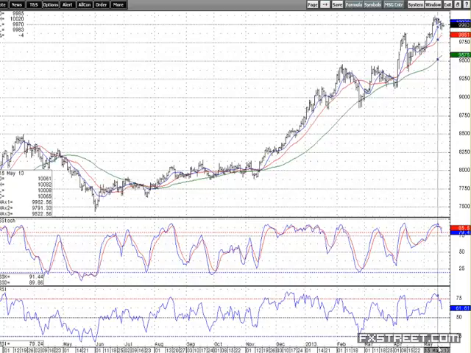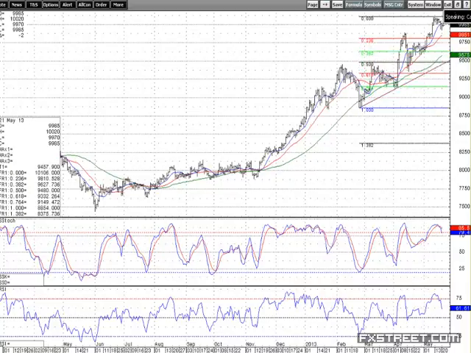You can see that, can't you? You see where it just went down, still in an uptrend. In fact, I'll put a little trend on there. We'll put on a little fib level there.